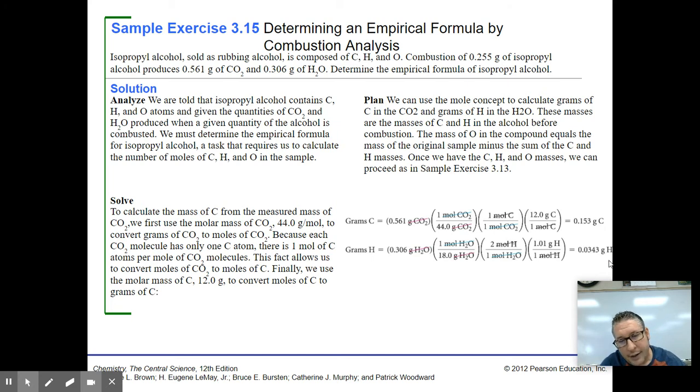Okay. So now that we've figured out grams of carbon and hydrogen, we were told that we have oxygen present. Oxygen is also in the formula. So we need to figure out the number of grams of oxygen that is also going to be present. Well, oxygen was present in both CO2 and H2O. So that's why it has to be sitting there till last to be found.